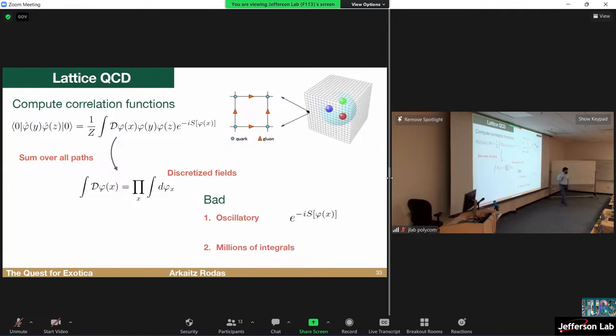Well, what is the problem of Lattice QCD? If you look at these correlation functions, this is terribly highly oscillatory. Have you ever tried to integrate something that oscillates super fast? And you know how much precision you need for this? Yeah, you can always grab the keyboard and try to do it, but it doesn't really work, right?